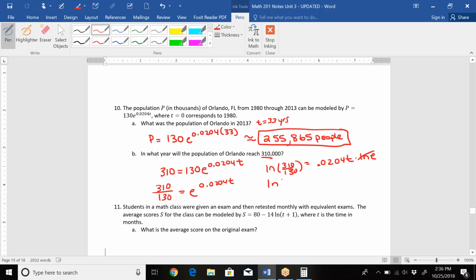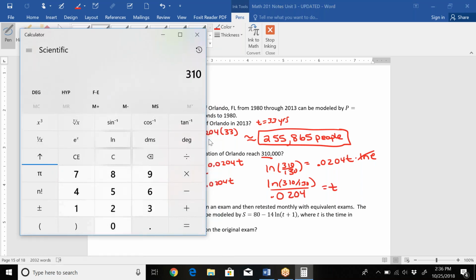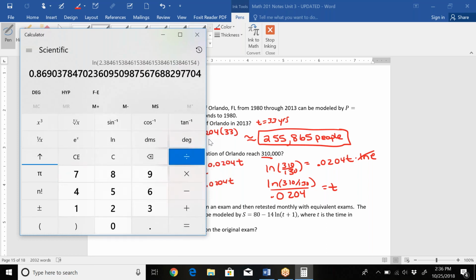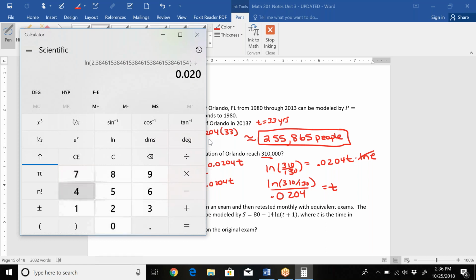And so we're just dividing this by that decimal after we do the natural log. So let's type that in. So 310, oh, sorry, I was supposed to do 130 in there. 310 divided by 130. And then we take the natural log and then we divide that by the 0.0204.